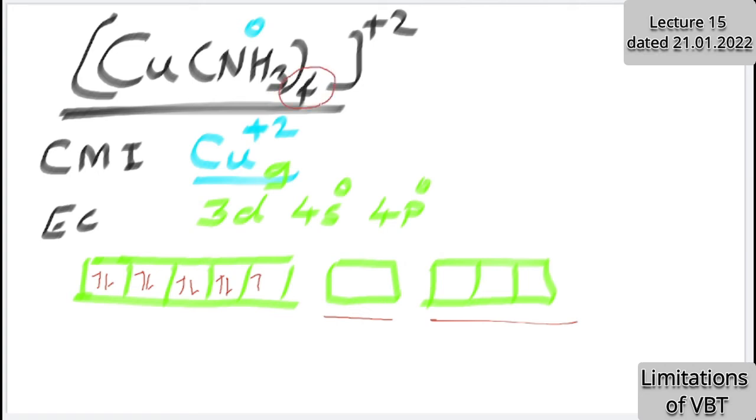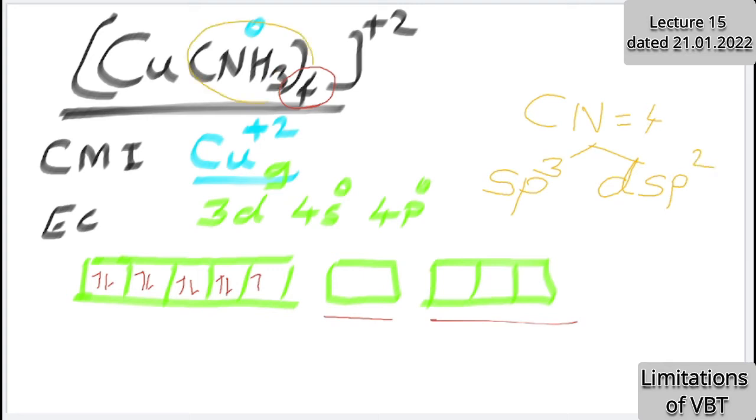Coordination number is 4. For coordination number 4, which types of hybridization are possible? One hybridization is sp3, and the other possible hybridization is dsp2.